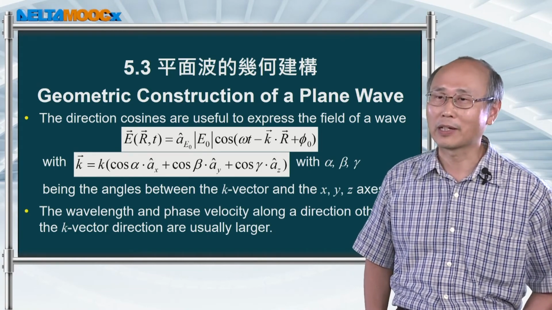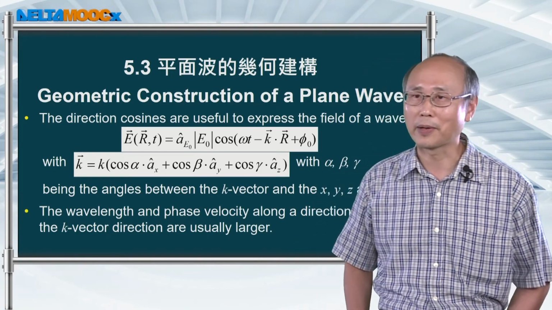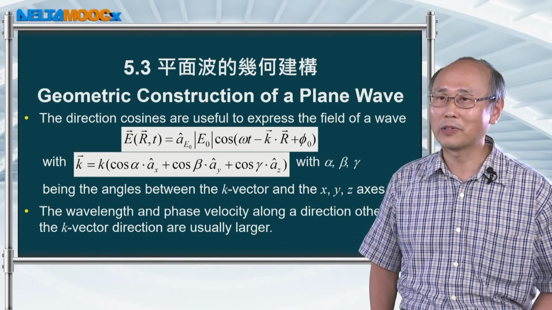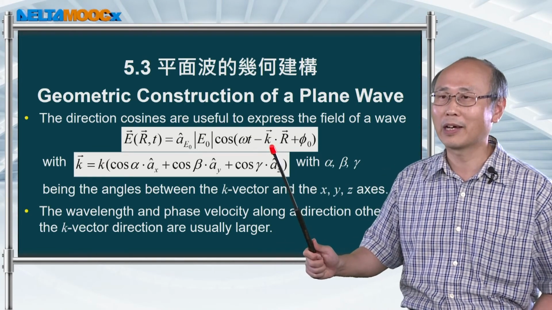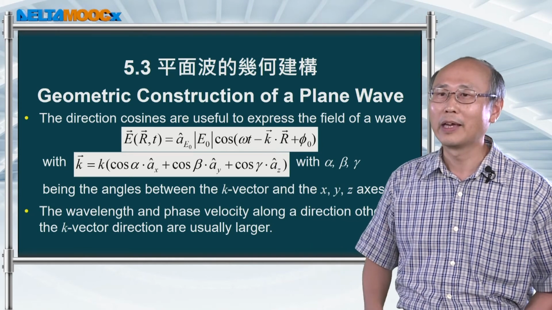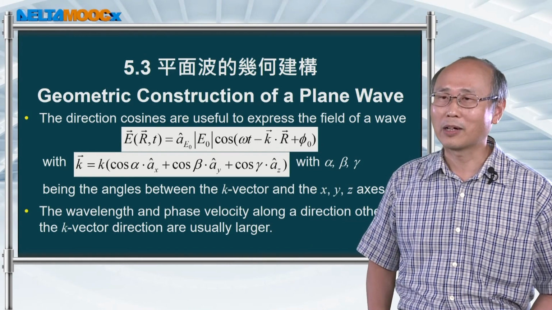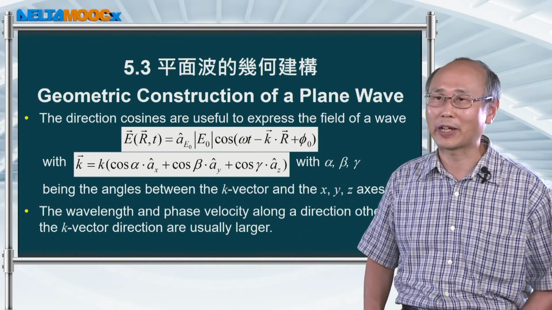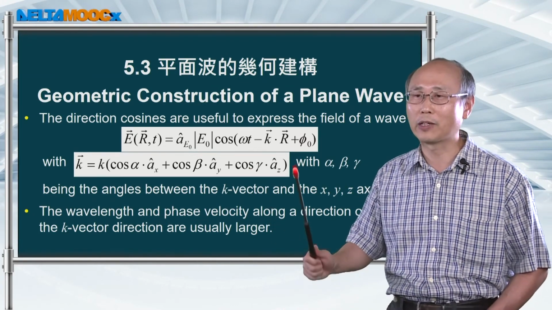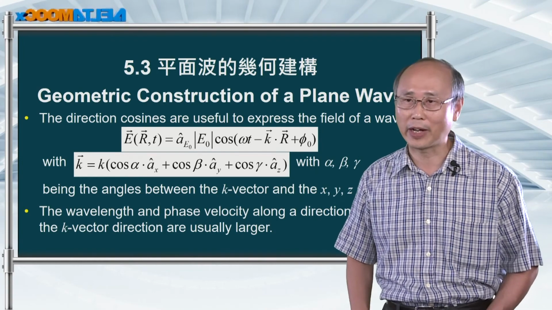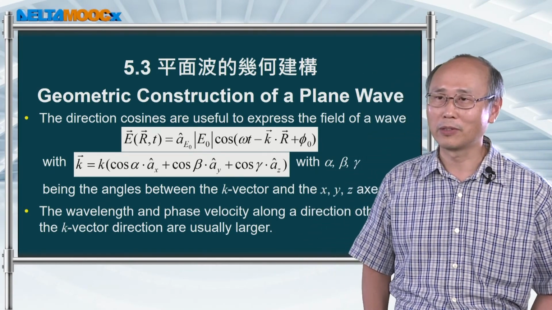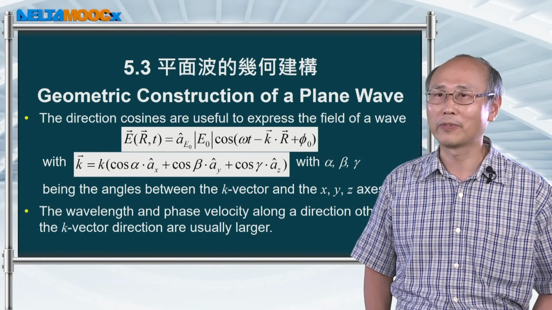The conclusion is that the smallest phase velocity is along the direction of k, the an direction, and the wavelength calculated along some arbitrary direction is always larger than the wavelength along the k direction. These are the key points you should remember from this session.